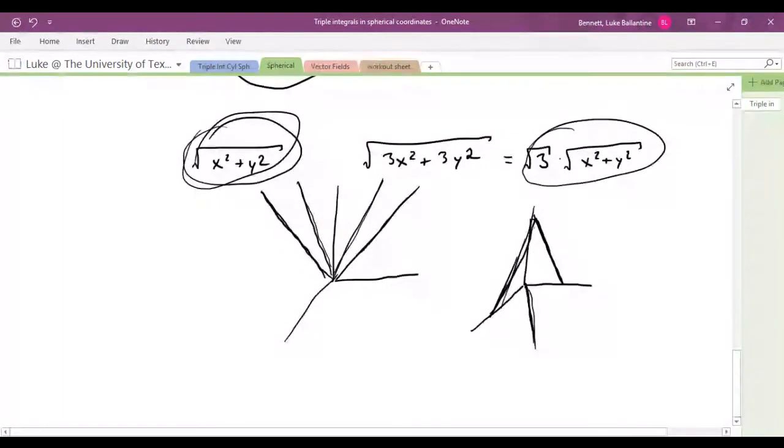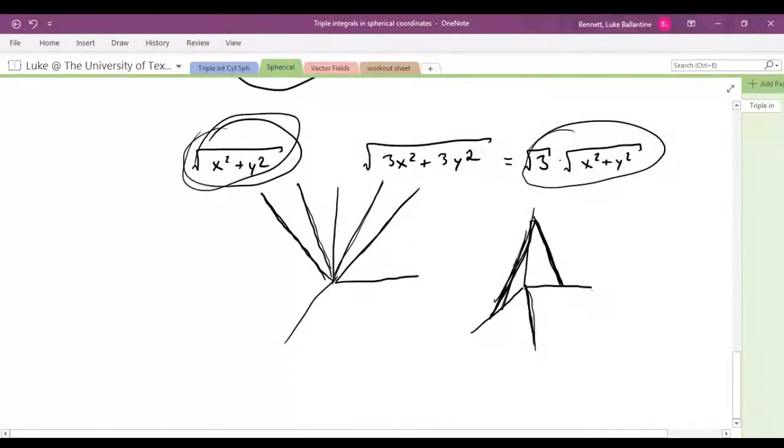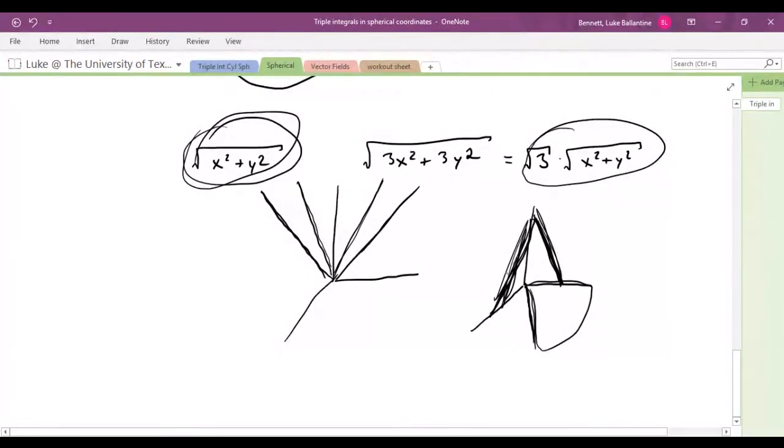At first, this one was lower and this one was upper. But then on this side, on this region, this one was lower and this one was upper. So I just wanted to clarify, give you a little bit of a hint maybe.